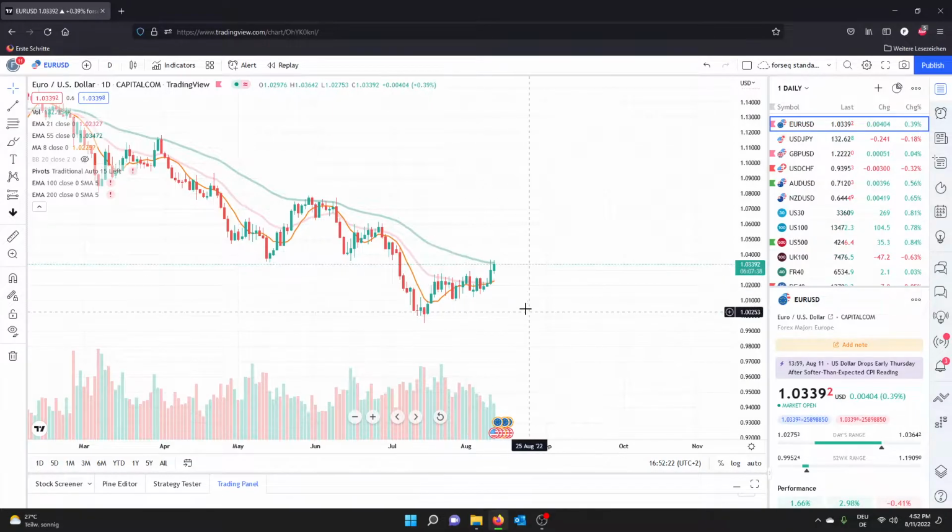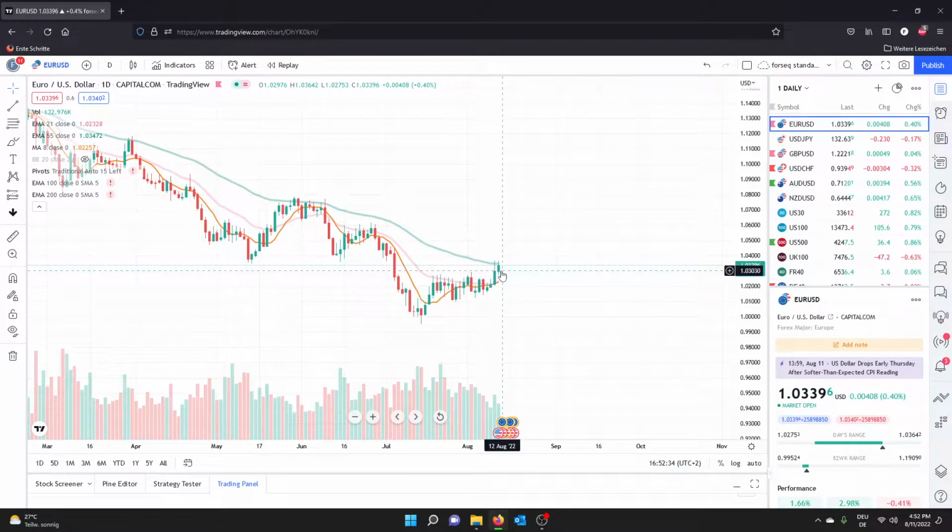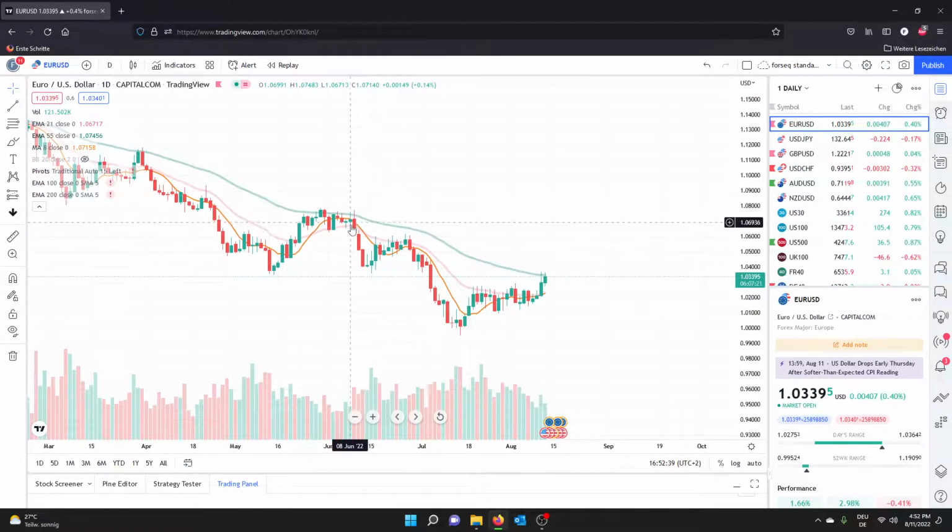I would either wait for this trading day to close, that we see this candle fully closed, or I would wait for tomorrow. Maybe we will get a nice bearish signal, something like that.